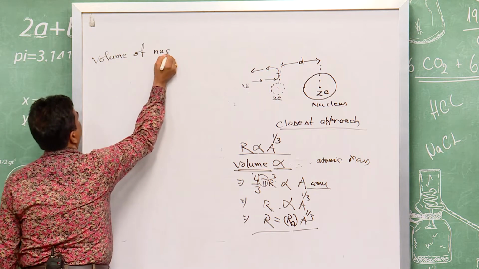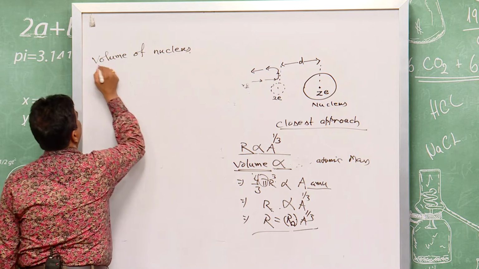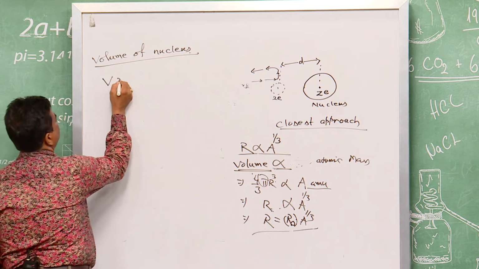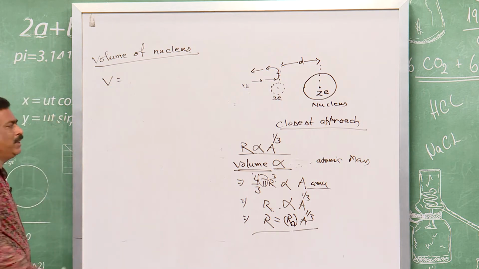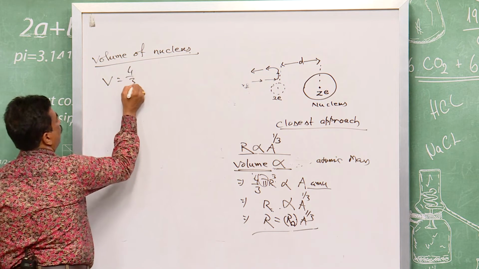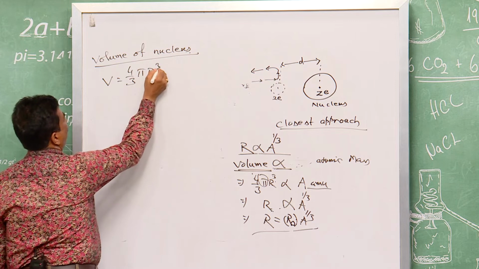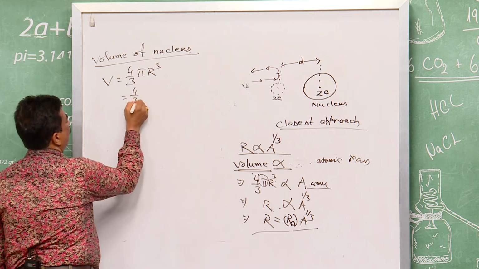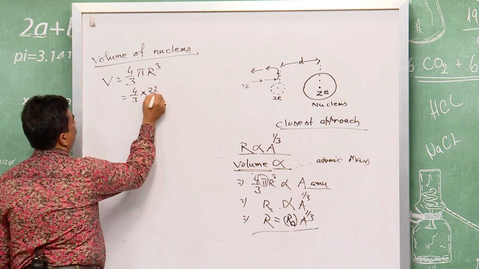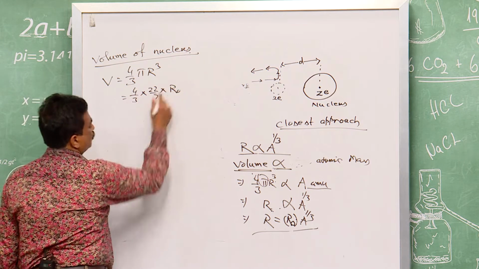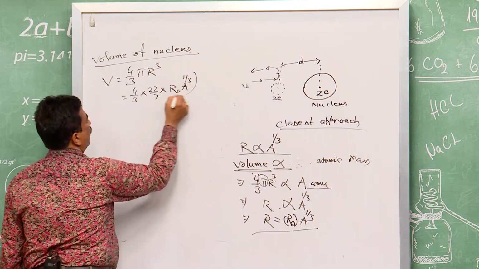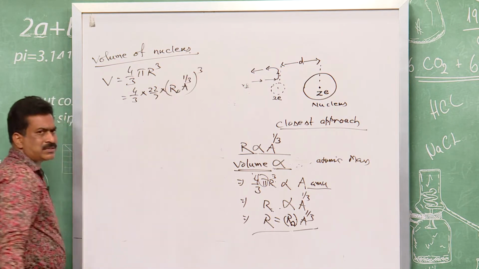Next we will go for its volume. Volume of the nucleus: V is equal to 4 by 3 pi R cube, which is equal to 4 by 3 pi times R0 A to the power of 1 by 3, cubed.